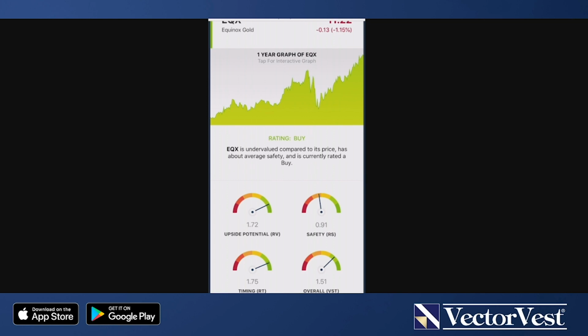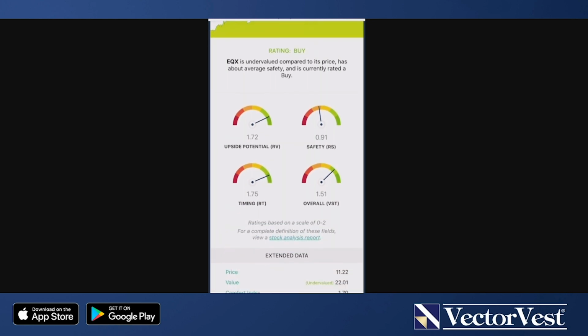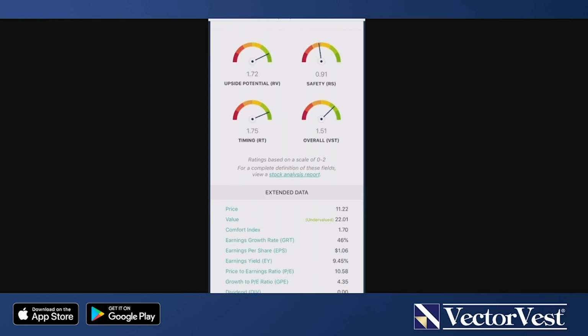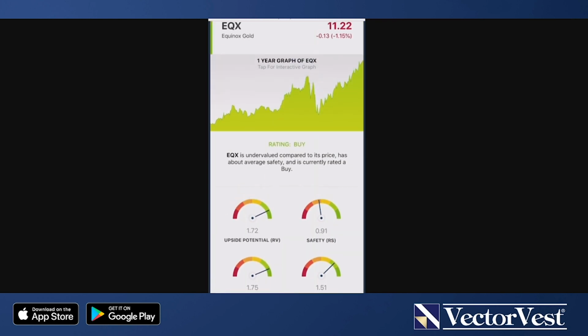It does have some additional risk associated with it, which is what the RS is showing us. So it is more of an aggressive stock, not a buy and hold long-term, but a trader stock, if you will. Looking at the timing, 1.75. One day doesn't make a trend. It's still undervalued here. Overall, the stock is definitely favorable.